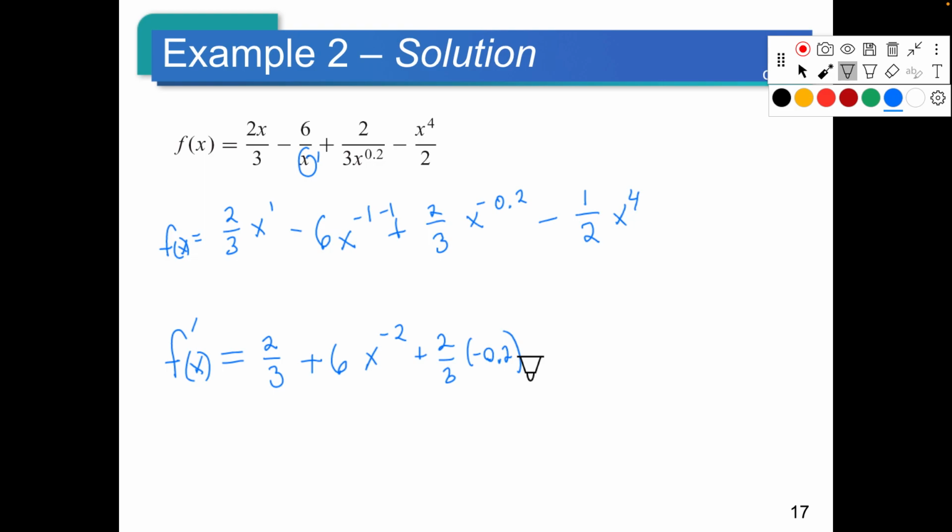Yes? 2 over what? Oh, okay. You're ahead of me. I was going to just take the 0.2 times 2 and get 0.4 over 3, and then you have to convert that.